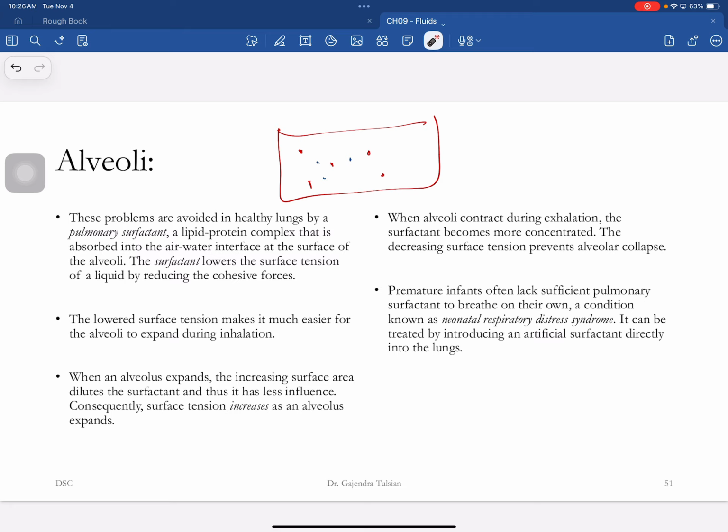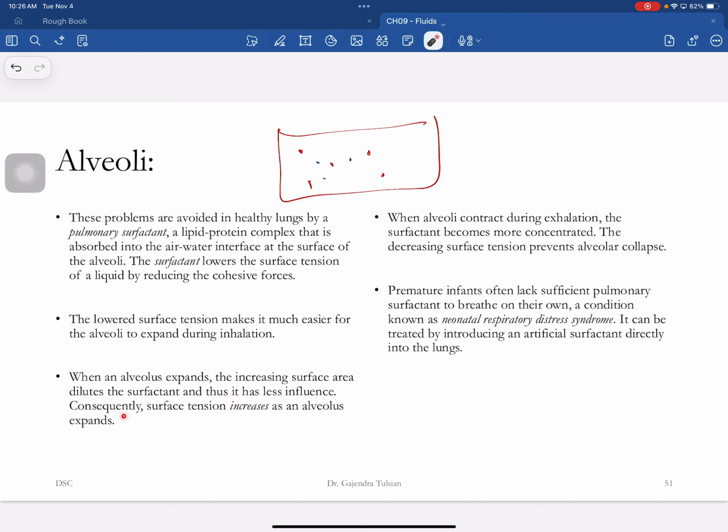When an alveolus expands, the increasing surface area dilutes the surfactant. So there's so much surfactant per alveolus, and as it gets bigger, the surfactant is diluted, and then there's less influence.